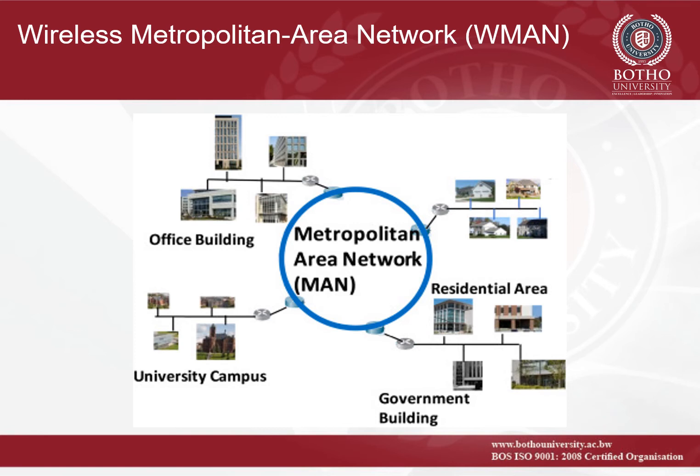Now let us discuss the next classification, which is WMANs, which stands for Wireless Metropolitan Area Network. And this is the third group of the wireless networks. WMANs are based on IEEE 802.16 standard, which is often called WiMAX, Worldwide Interoperability for Microwave Access.